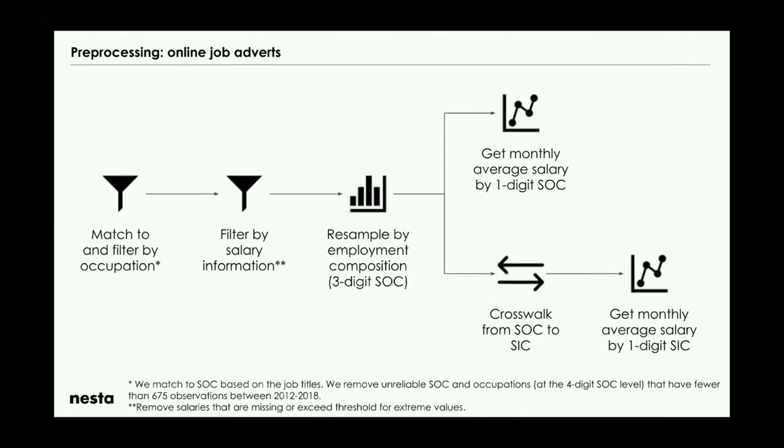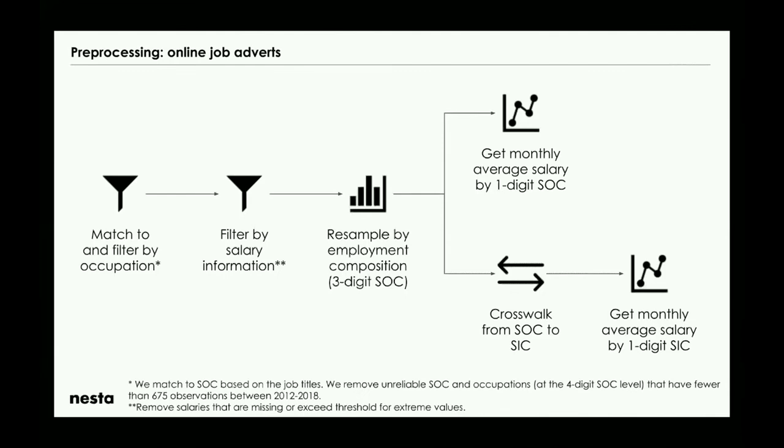Having done this, we could also have a measure of uncertainty, how reliable those matches were, and we could filter out the matches that weren't as reliable as we wanted. We also removed some low-level occupations, unique groups for which we didn't have much data, like fewer than 675 observations between 2012 and 2018.